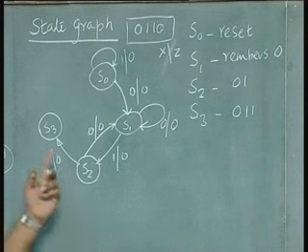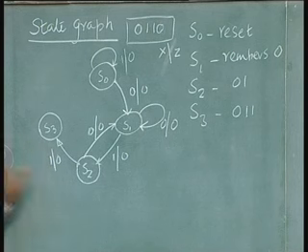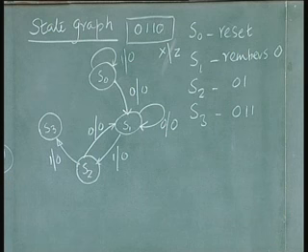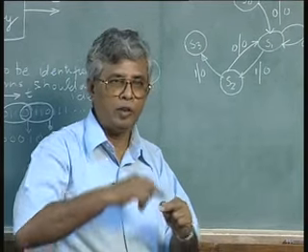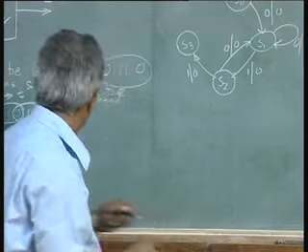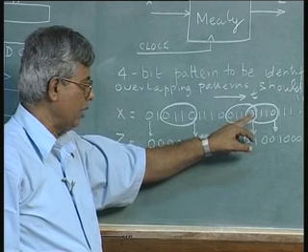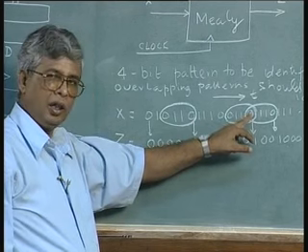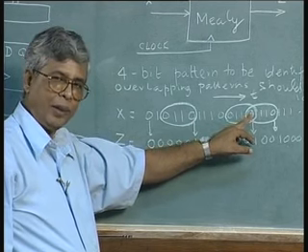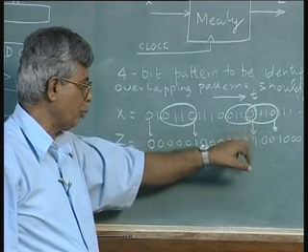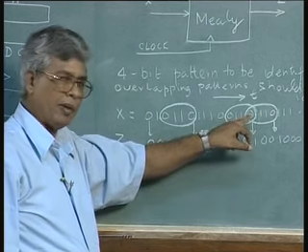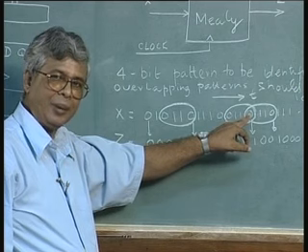So, in state S3, if 0 occurs, what happens? We are completing the process, good, we will output a 1. But also we have to remember it is an overlapping pattern. This 0 is the last 0 of the first pattern, and also will serve as the first 0 of the next pattern. So, the 0 not only should produce an output of 1, it should also be remembered as the first 0 of a next pattern.